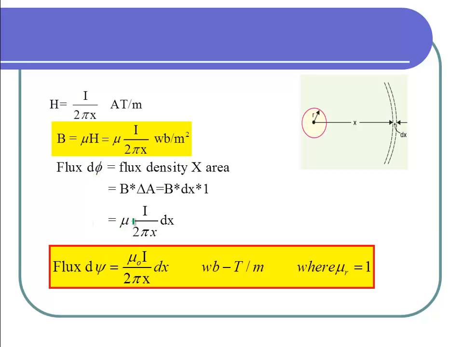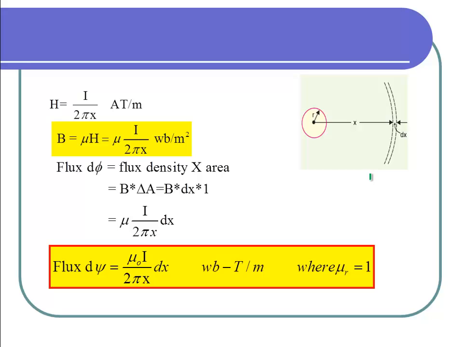It's simply mu I by 2 pi x into dx, where this is your flux density and this is your area, and we have calculated for unit length. The net total flux linkage on that circular path is d psi equal to mu naught I dx by 2 pi x. So this is the final expression for your considered circular path.